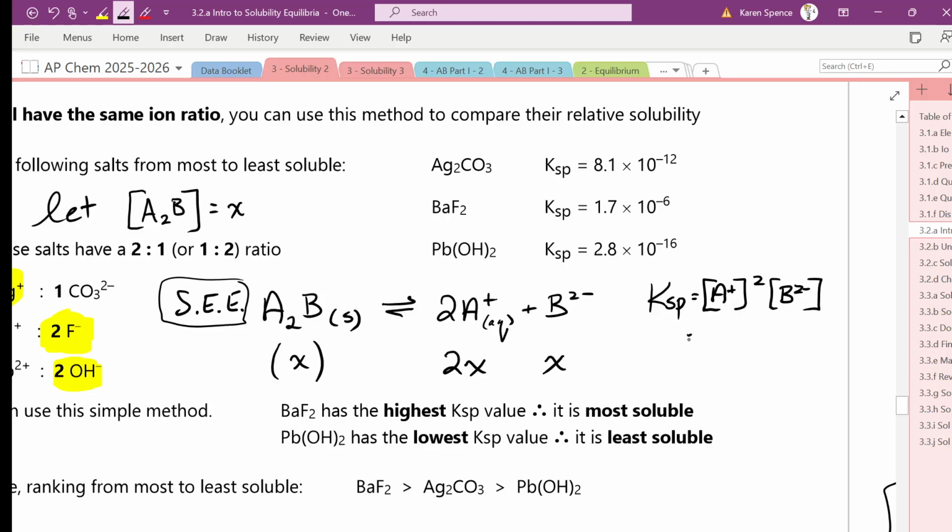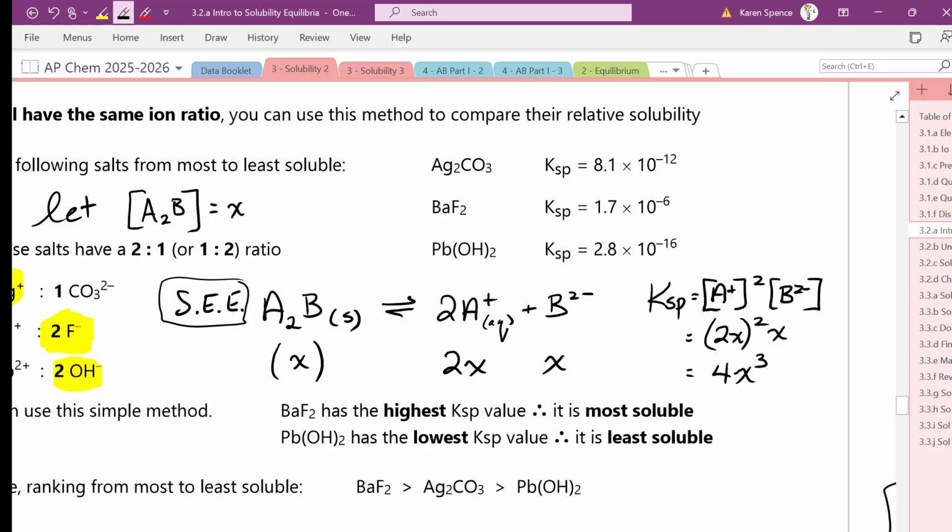And then if we plug our x's in, what do we get? Yeah, we get 2x all squared times x, which is going to give you 4x cubed. So anytime you have a 2-to-1 ratio in your salt, KSP is going to equal 4x cubed.